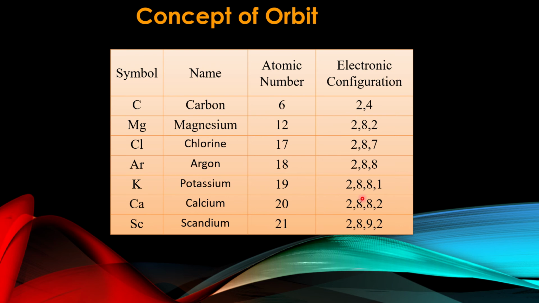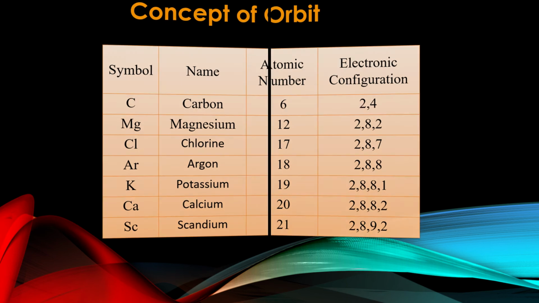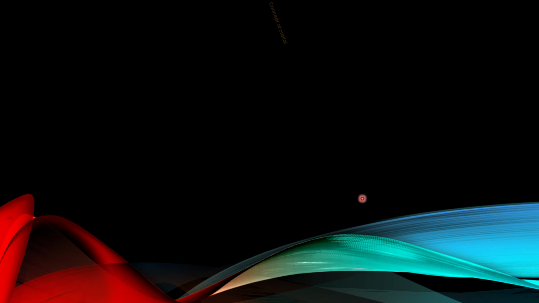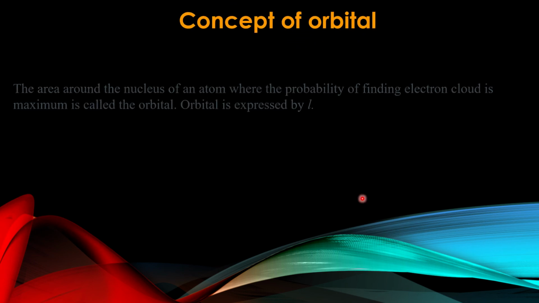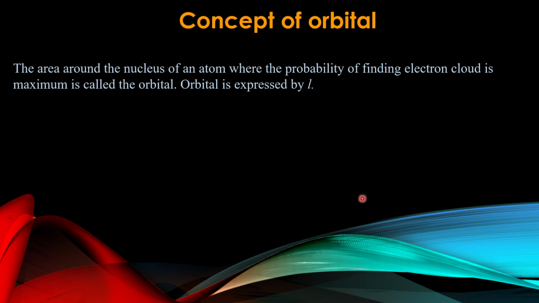And when today in this class we learn the electronic configuration in a new way, you can do the electronic configuration of 118 elements. And this is the concept of orbital. At first you have to know this.